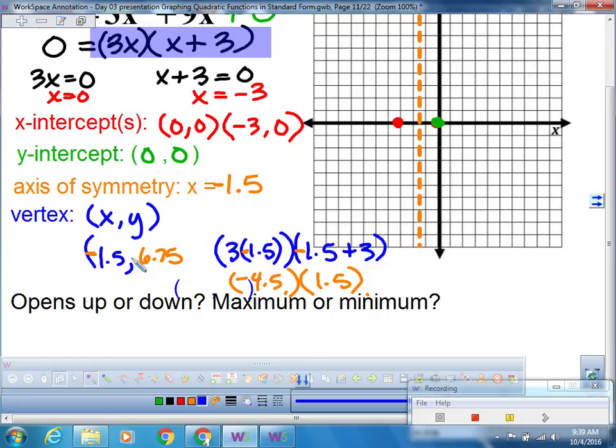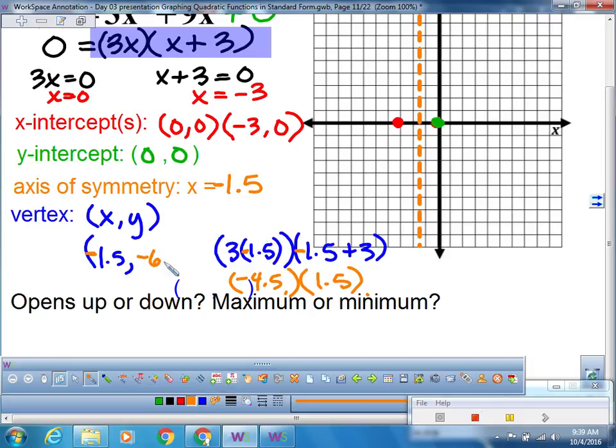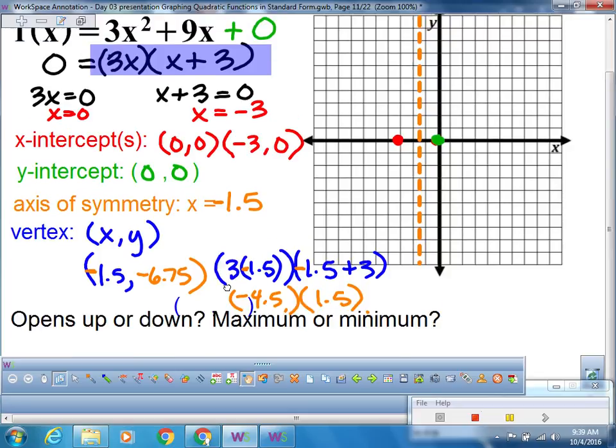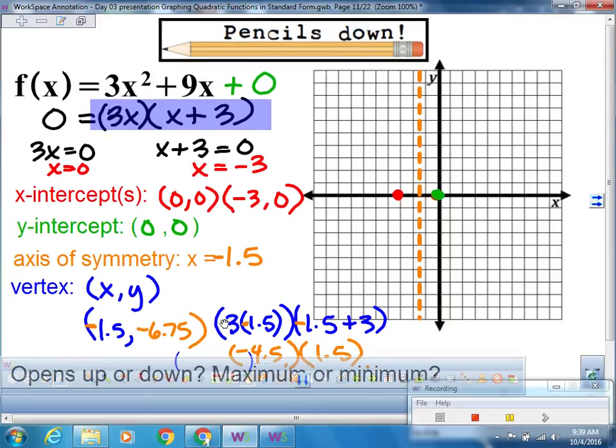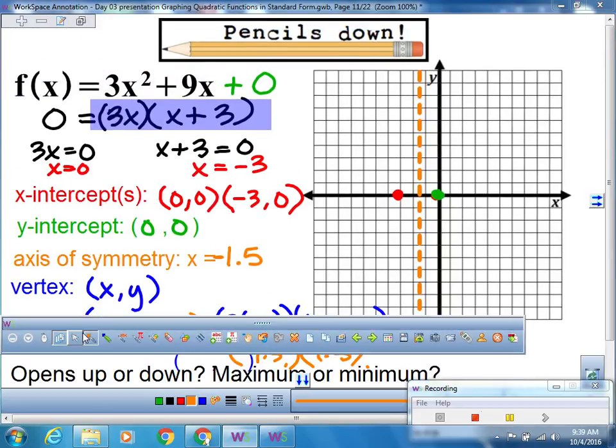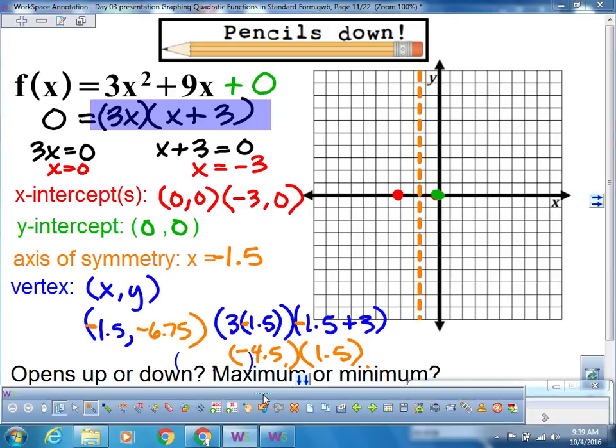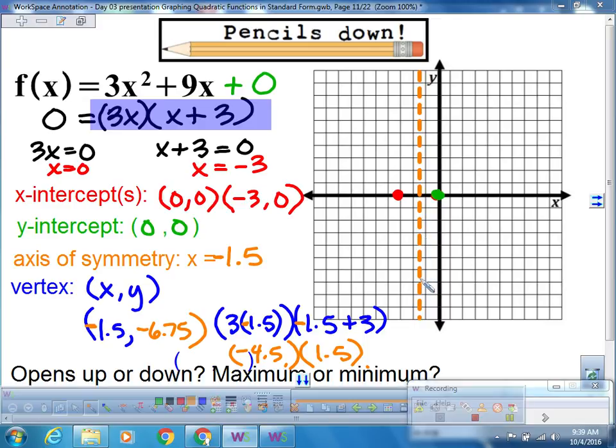It should be negative 6.75. How did I know I should have changed it to a negative 6.75? There's a reason why. Yeah, it's got to be going down because it's a positive graph. So it's negative 1.5, negative 6.75. So 1, 2, 3, 4, 5, 6, 7. So something like that.